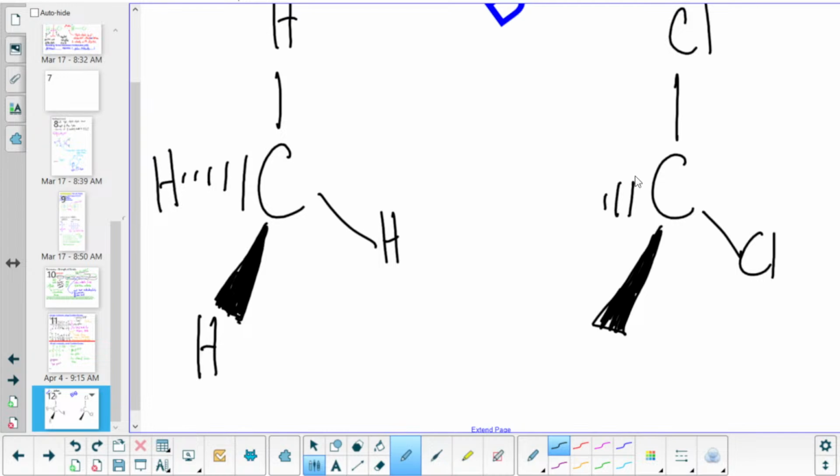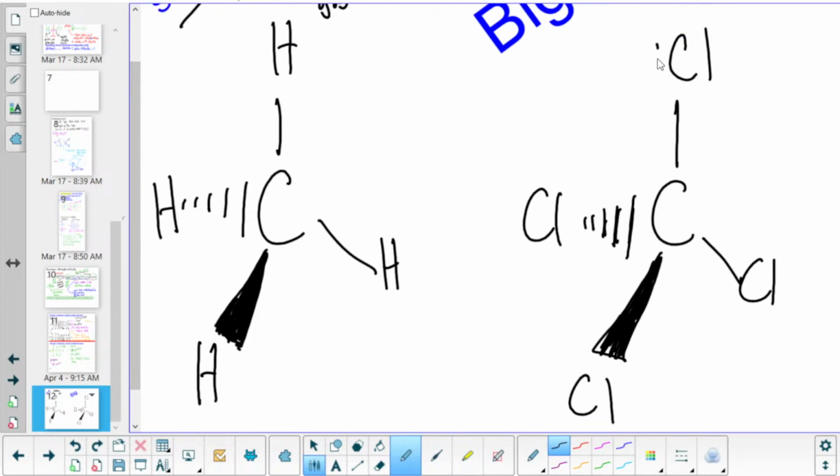Oops. Not hydrogen. I said chlorine and chlorine. Which symbol means behind and in front? Take a guess. Which one? I'm gonna say the in front is like the all black triangle. Yep. Because it's coming out at you.